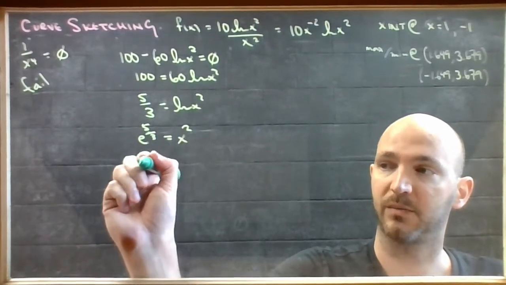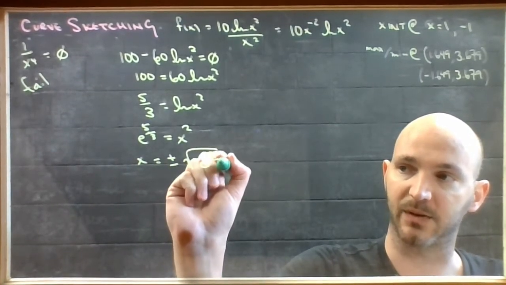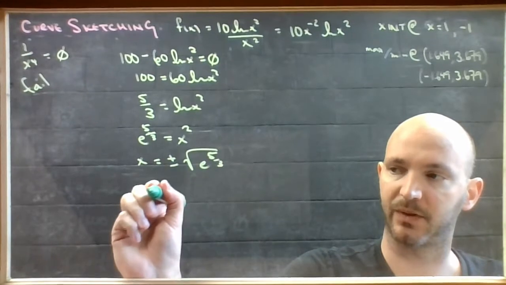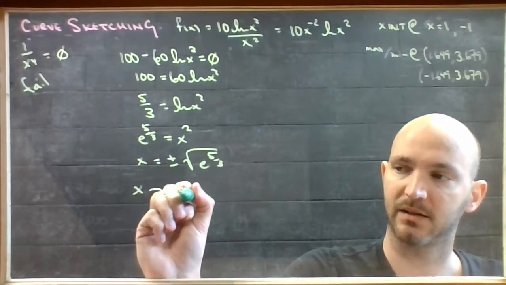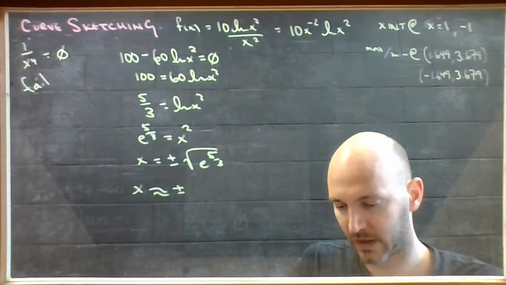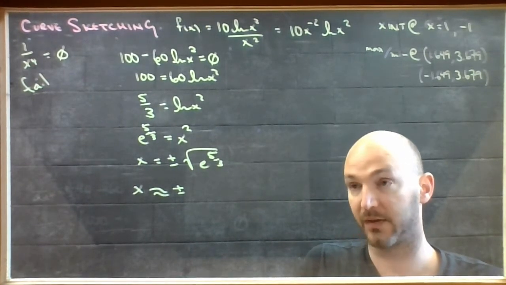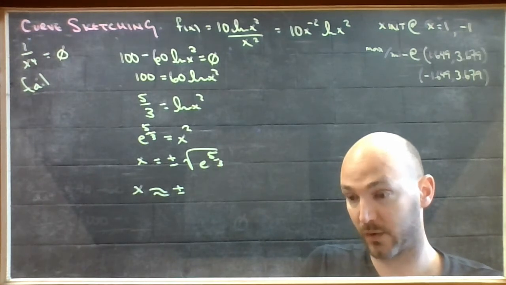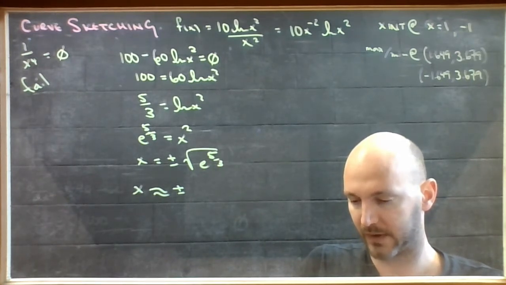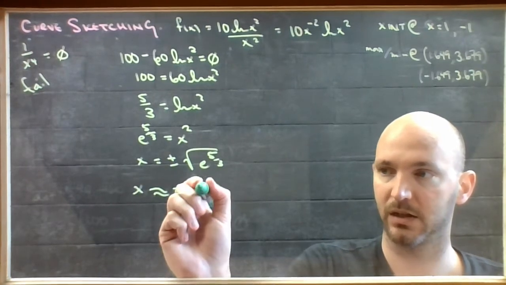So x will be plus or minus the square root of e to the 5/3. Now that's gross. So I'm going to approximate that to a few decimal places. E to the exponent 5/3 gives me 5.294. Square root of that answer gives me 2.301.